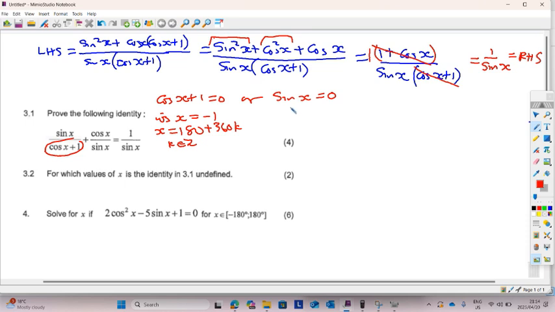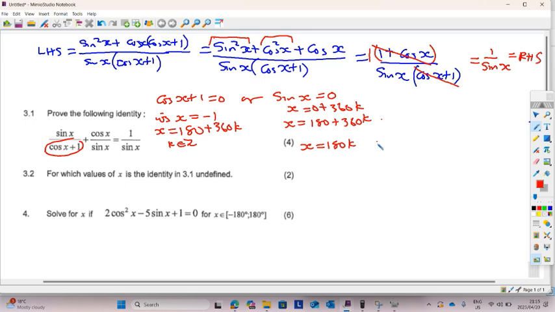So we can write two general solutions here. X is equal to 0 plus 360k, or x is equal to 180 plus 360k, right? These two can be summarized as one to be x is equal to 180k, right?